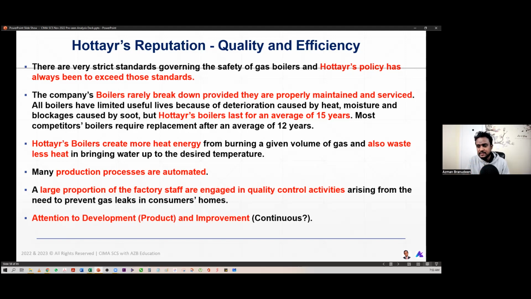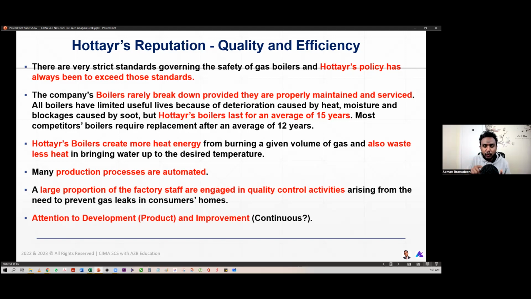In fact, the proof is that our boilers last an average of 15 years compared to other boilers, which last on average 12 years. That's a really big deal, and a really strong point, a very good lead to have as far as product lifetime is concerned.